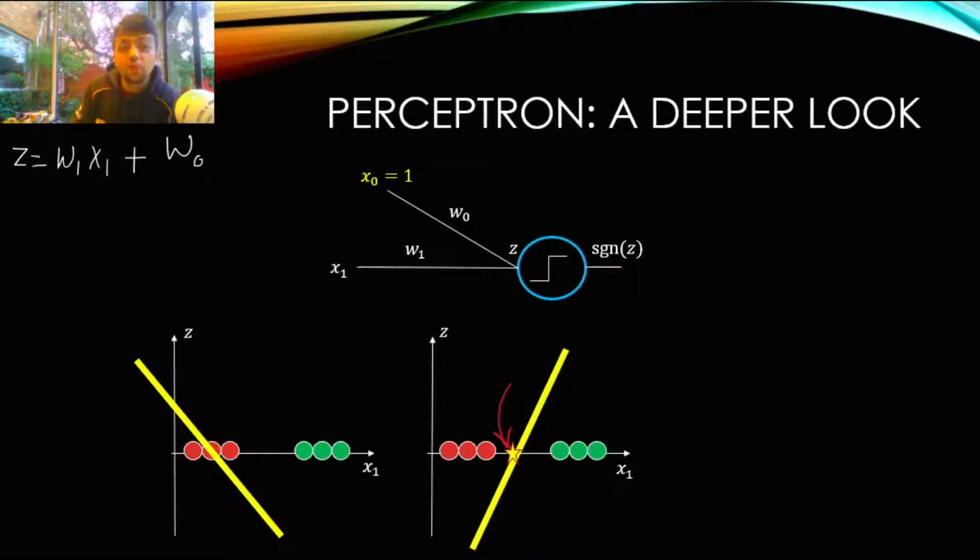That is the position where, pay attention, your z is 0. What does that mean? That's the position where w1 x1 plus w0 is 0. You see? And that is the border which really separates your samples from each other. So that is why we're interested in that 0 value.